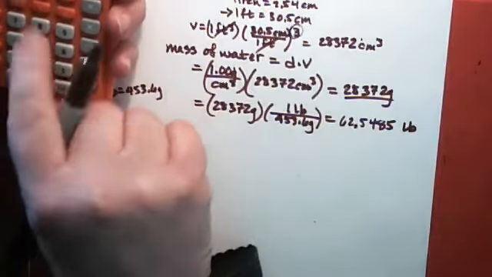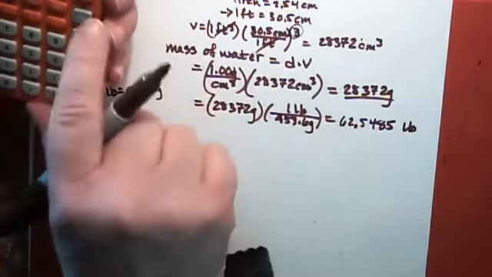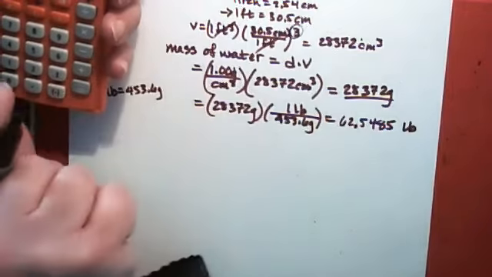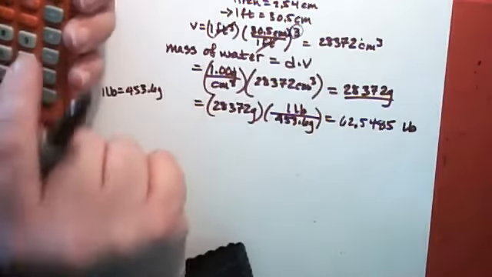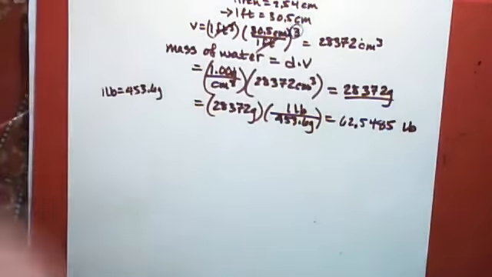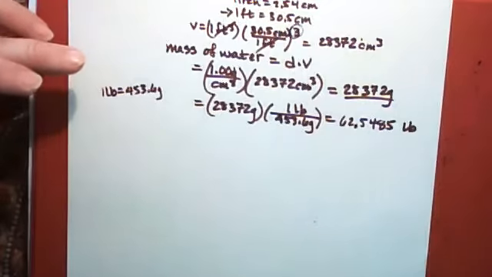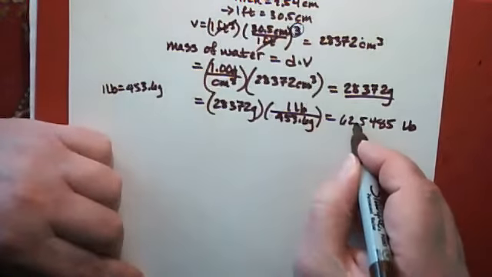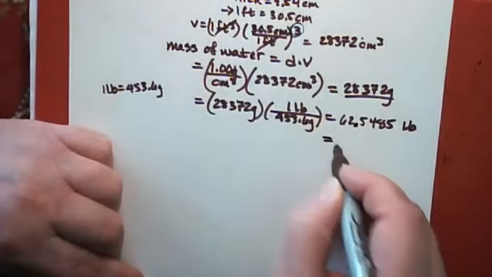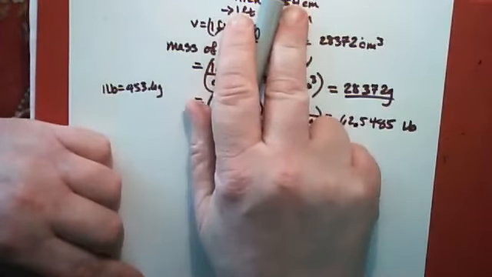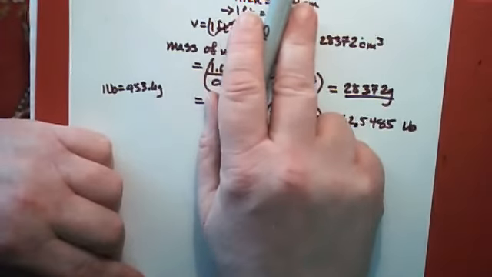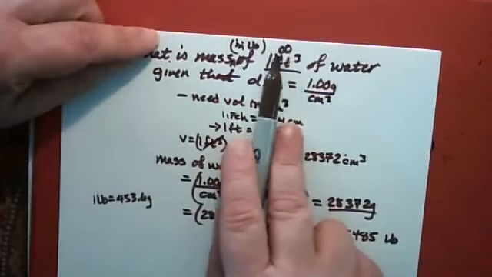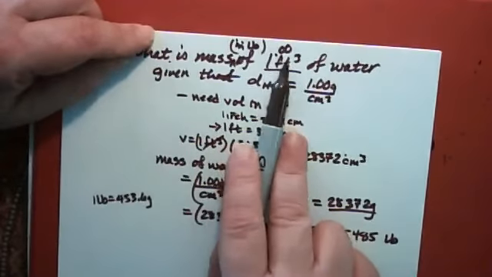Okay, 28,372. I'm just doing this again to make sure. Right, 453.6. Yep. And that's okay. So that number is definitely more significant figures than we're allowed to use. I changed this to 1.00, so we got 3 significant figures there.